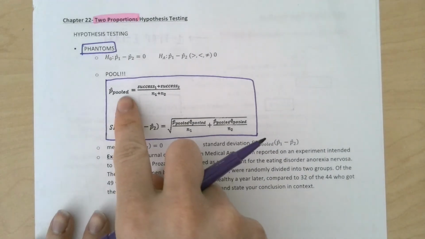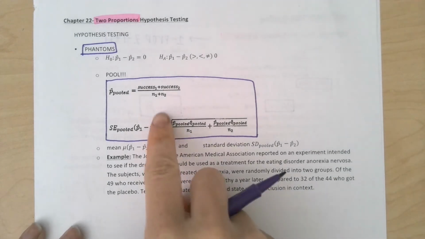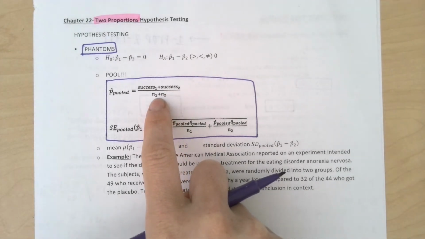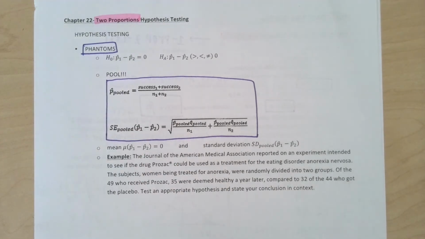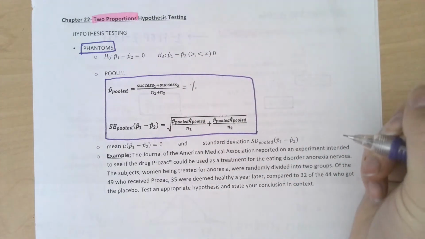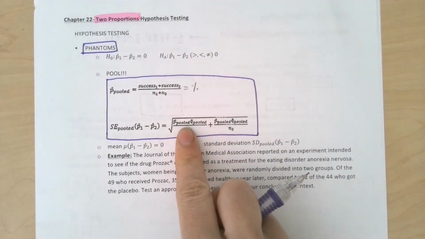So with this pooled, what I'm doing is taking all of my successes from both groups, putting them together, finding what proportion I would expect the successes to be out of the entire population, so both of those samples. Once I have this p-hat pooled, remember this is going to be a percentage. Once you have that p-hat pooled, we can then use it to find our standard deviation.